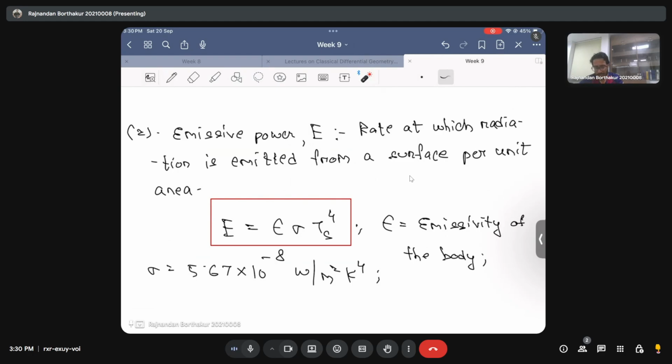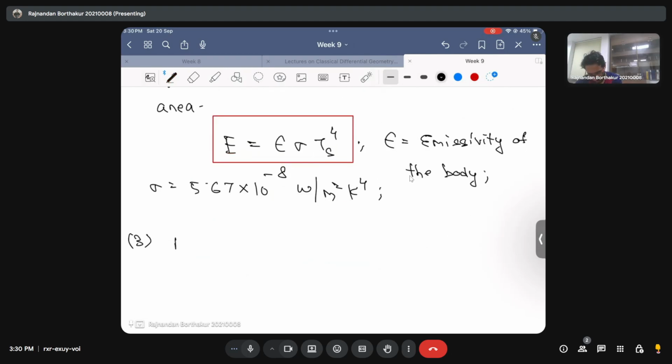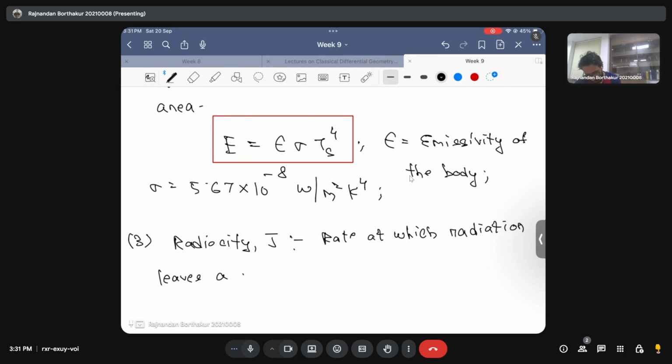So then it becomes customary to define the third flux, which is known as radiosity, and we will denote it by the letter J, and this is defined as the rate at which radiation leaves a particular surface.